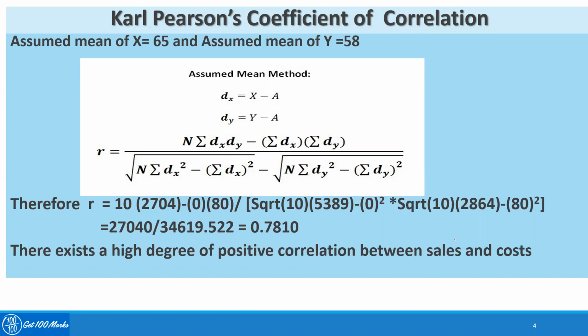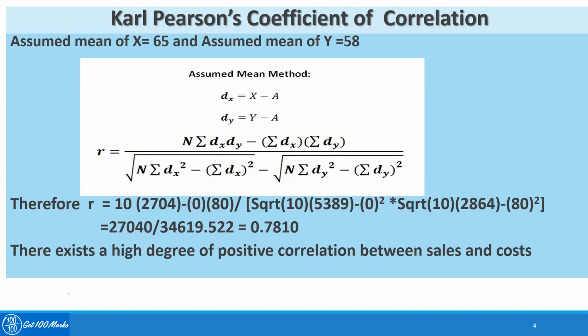So let's just have a look. Therefore correlation coefficient r is equal to n. In our case, there are 10 pairs of observations, so n is 10. Summation of dx dy, we have got it as 2704.